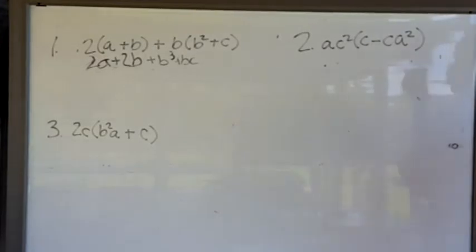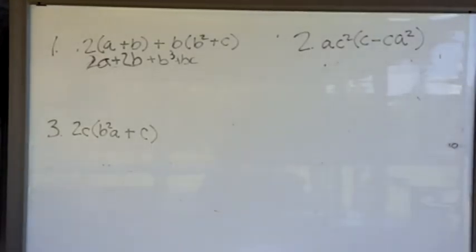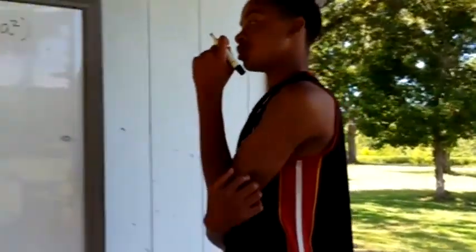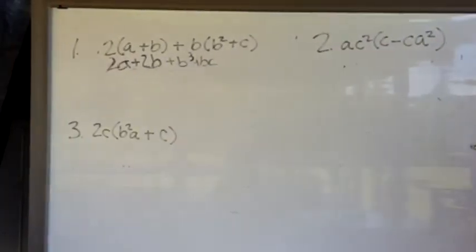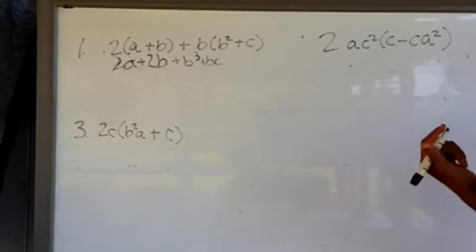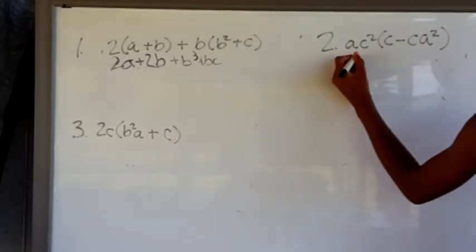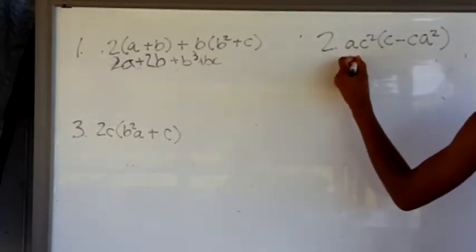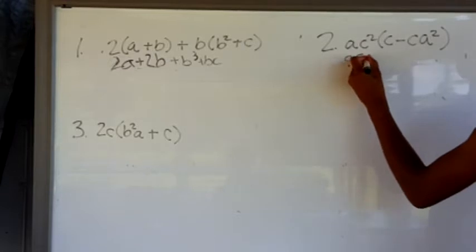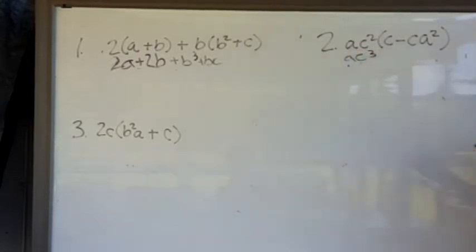Alright, so now question 2 is AC squared times C minus CA squared. So we use the distribution property to simplify this. Distribution: AC squared times C is equal to AC cubed.